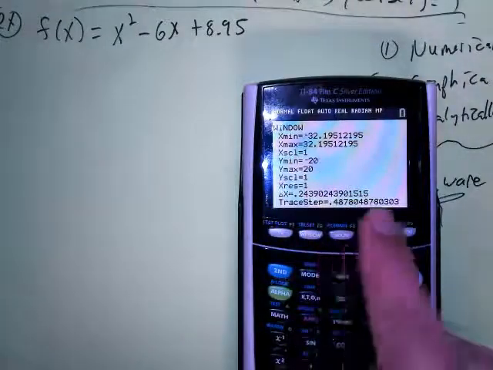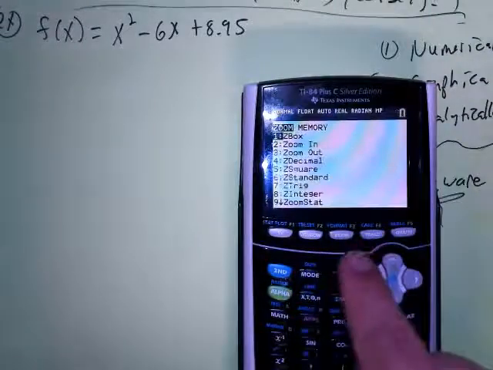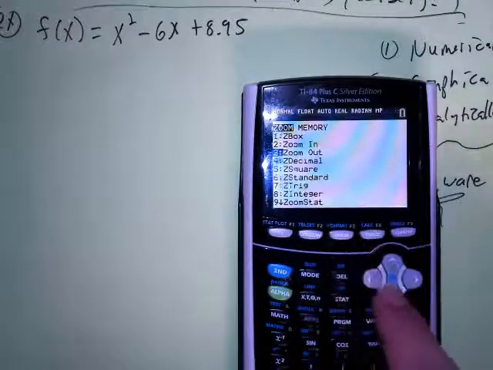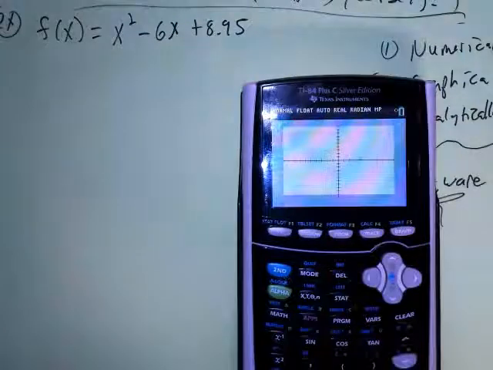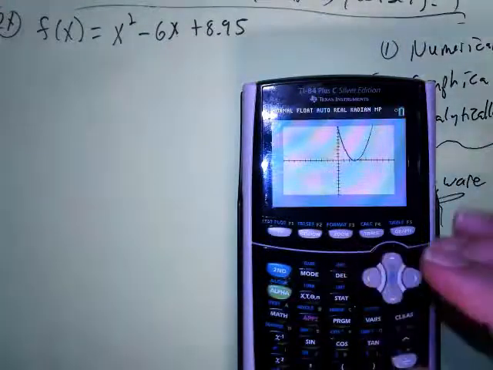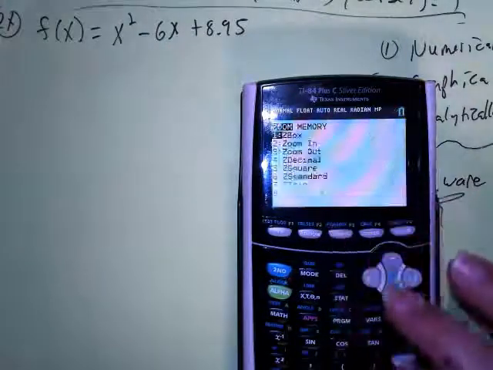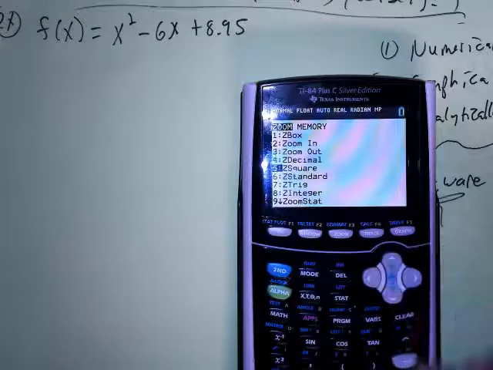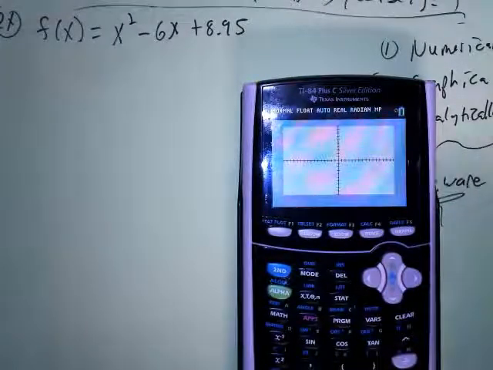And you know what? It might have went with my... Let me go to standard window. Wait 1 minute. I'm going to go back to the standard window. And now let me go to zoom square. There we go.